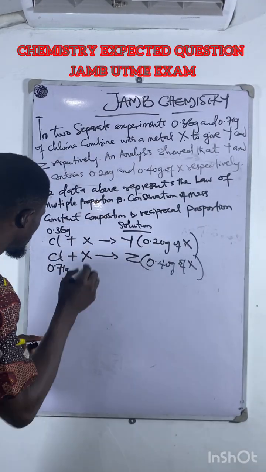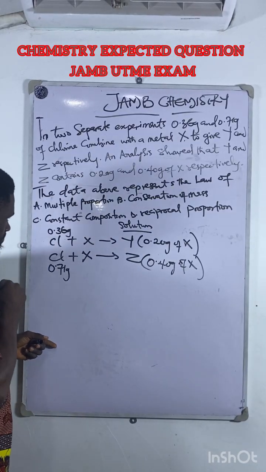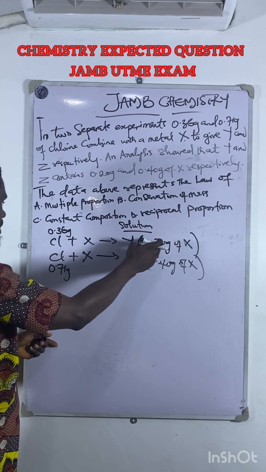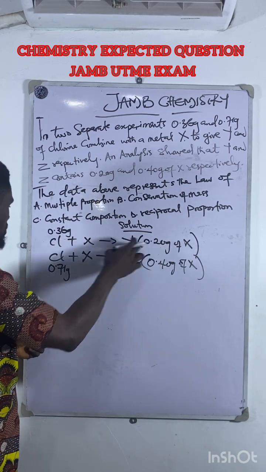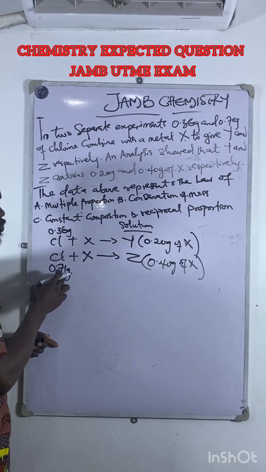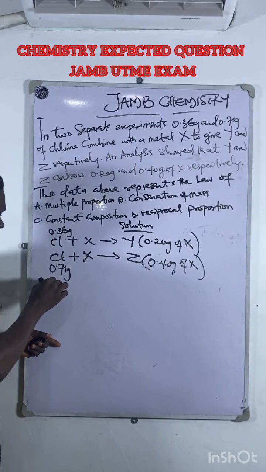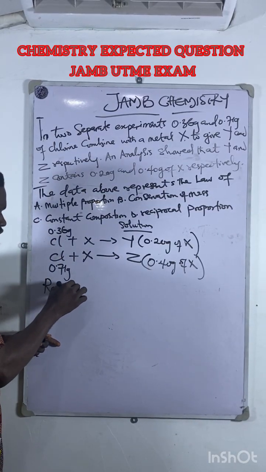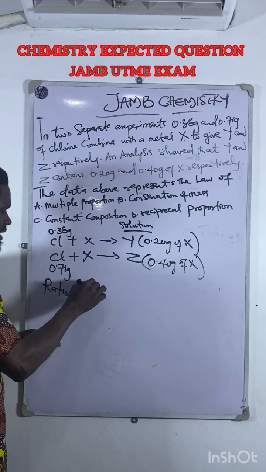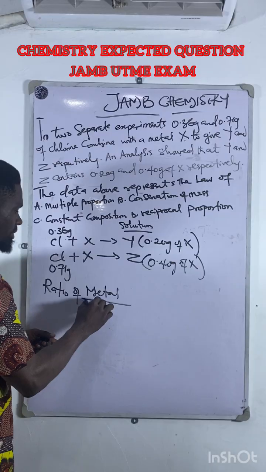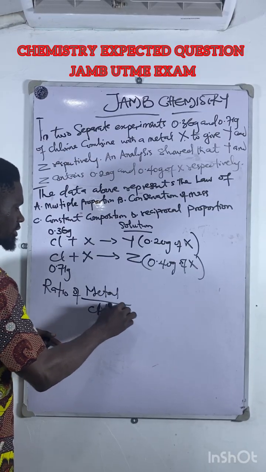Now see what I'm going to do. Chlorine is to this amount, 0.36 is to this amount, then 0.71 is to this amount. Are you with me? So I'm going to get the ratio of the mass of metal present to the mass of chlorine.